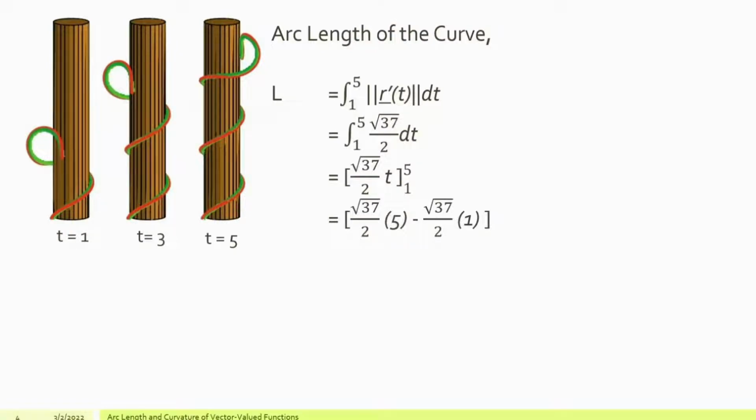Let us substitute the t values into the equation, and the final answer, you can see the arc length of the curve from t equals 1 to t equals 5 is equal to 12.165. If this is in meters, it means the plant has grown 12.165 meters.